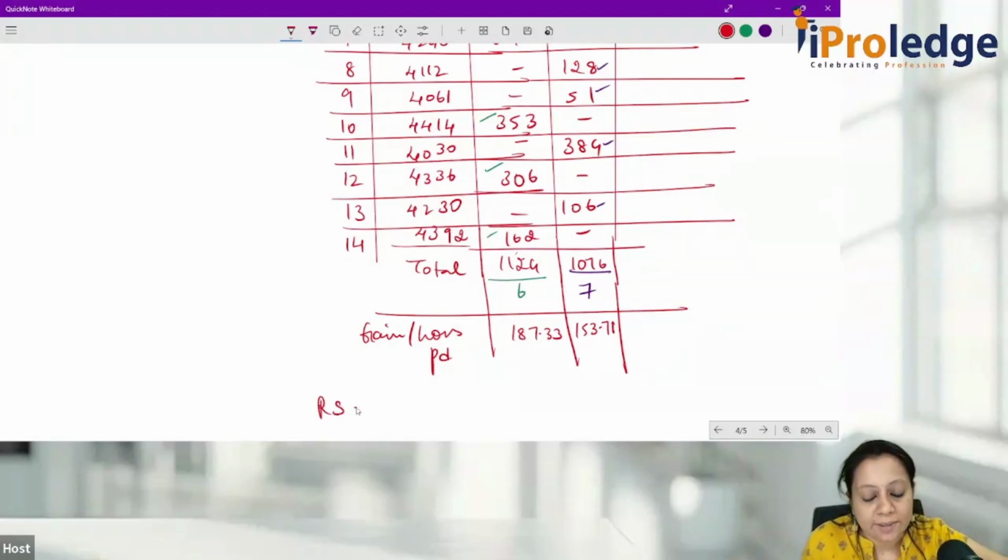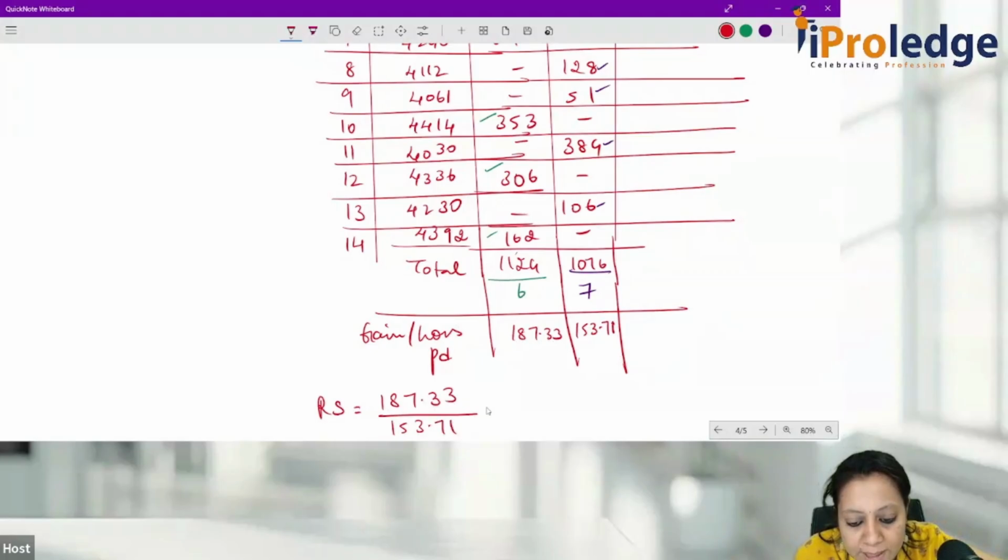So RS, relative strength, is equal to average gain per day divided by average loss per day, which is 187.33 divided by 153.71. So we will get 1.22 roughly. That is the RS.